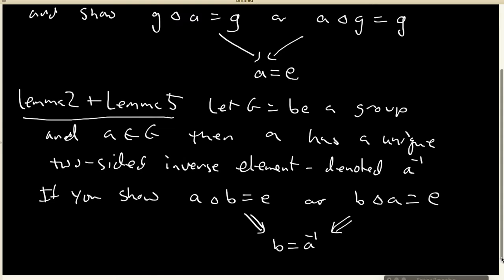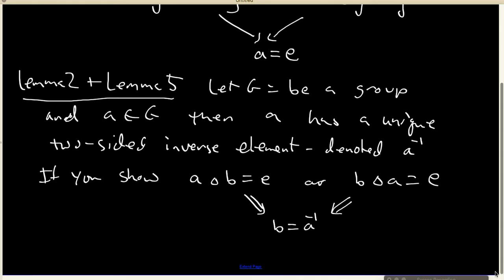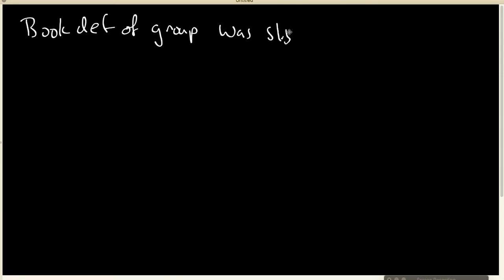There's another really important consequence that I also want to look at. I want to recall that the book definition of group was slightly different than my definition of group. And let me clean up my handwriting there.